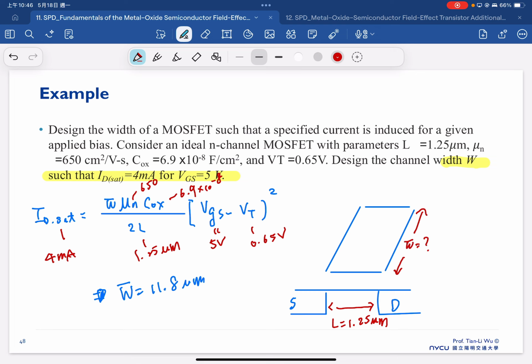And normally when we design the layout of the transistor, we won't look at the cross section, we only look at it from the top view. So if you look at the top view, this is how you view it from the top. Then you will only see your design tool, especially for the layout design, which will be a bunch of squares.